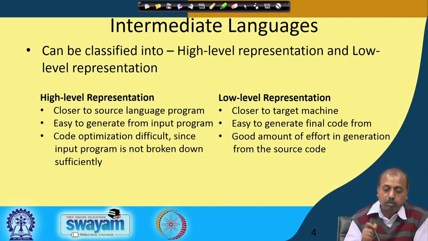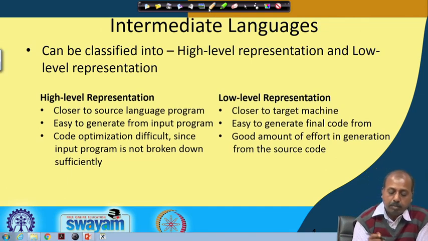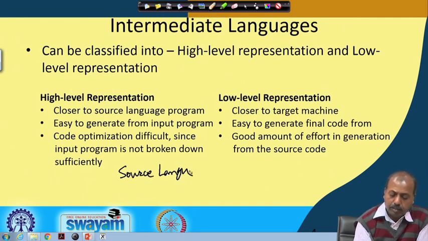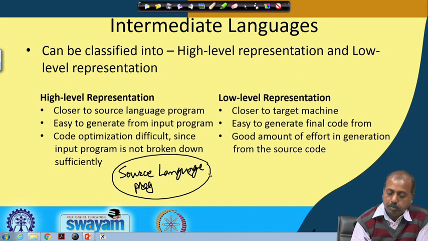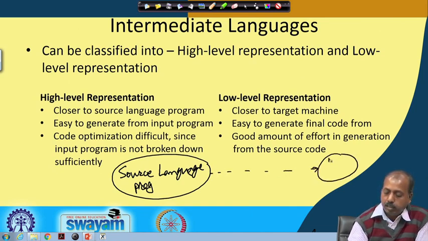So, what we are trying to do is, you can understand that we have got this source language program, and that we are translating to machine language program. We have said that the intermediary language program is somewhere here.